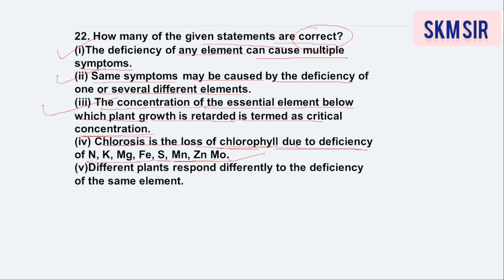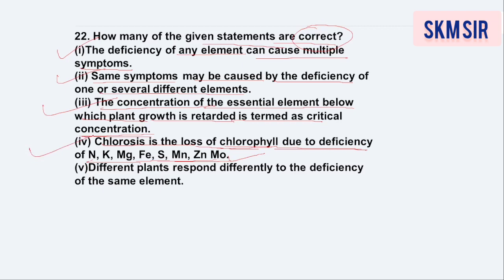When you find that category of chlorosis, it happens due to N, that is nitrogen, potassium, magnesium, sulfur, iron, manganese, zinc and molybdenum. So this one is also true. The fourth statement is also true.